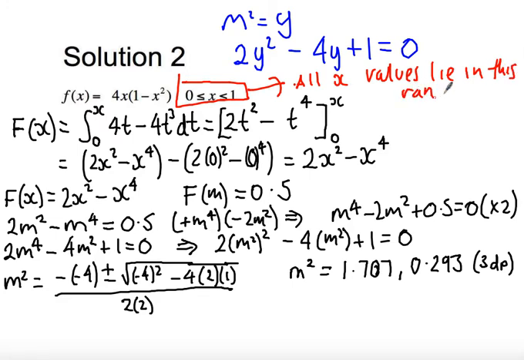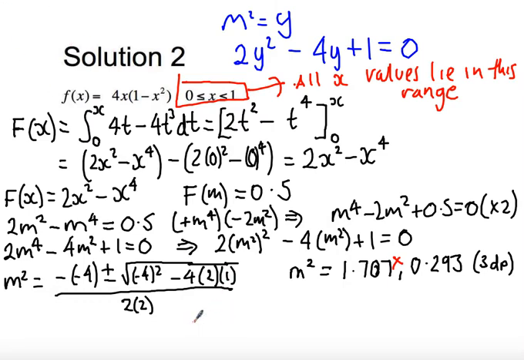It's just a reminder really that the x values don't actually exist for this function outside of the range 0 to 1. So 1.707, even though it's for m squared, if I take the square root of 1.707, it's still going to be bigger than 1. It's not going to be in our range, so that is not going to be a solution.